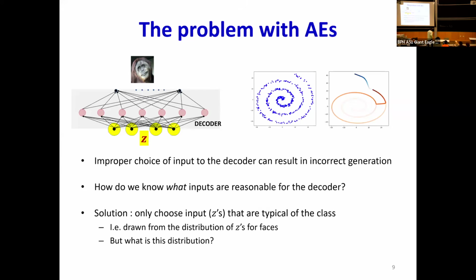So the way our autoencoder was trained, you had an encoder, your data went in, you had a z, this was the latent variable, the variable that connected the encoder to the decoder, and then this variable went into the decoder to generate data all over again.